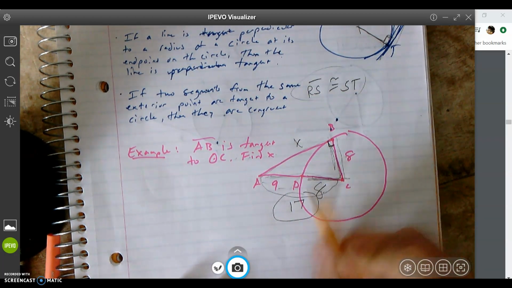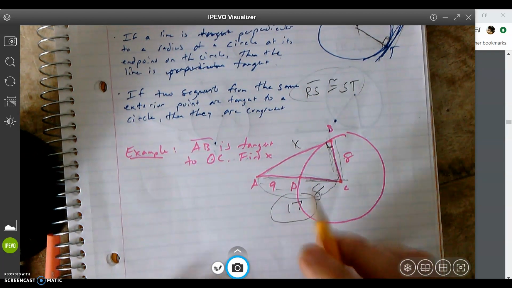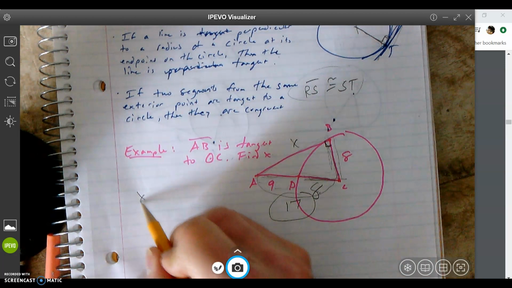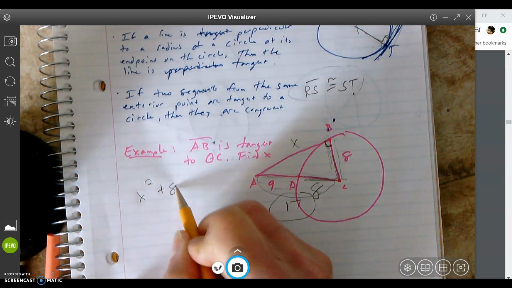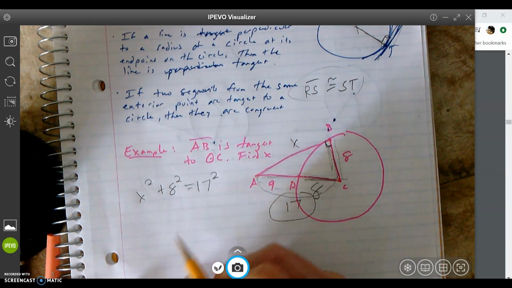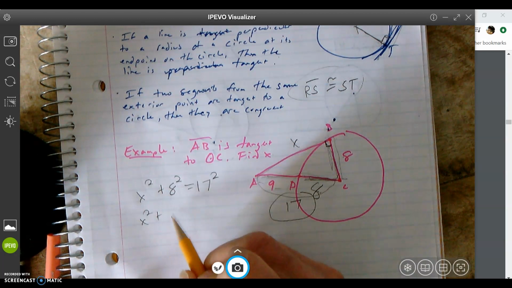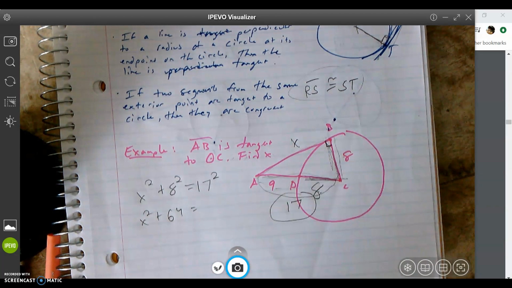So we have 8, the hypotenuse is 17, and then we have this. This is a right triangle, so guess what we're going to use? Yeah, Pythagorean theorem. Leg squared plus leg squared equals 17 squared. Okay, let's see what we get. X squared plus 8 times 8, which is 64, equals 17 squared, which is 289.